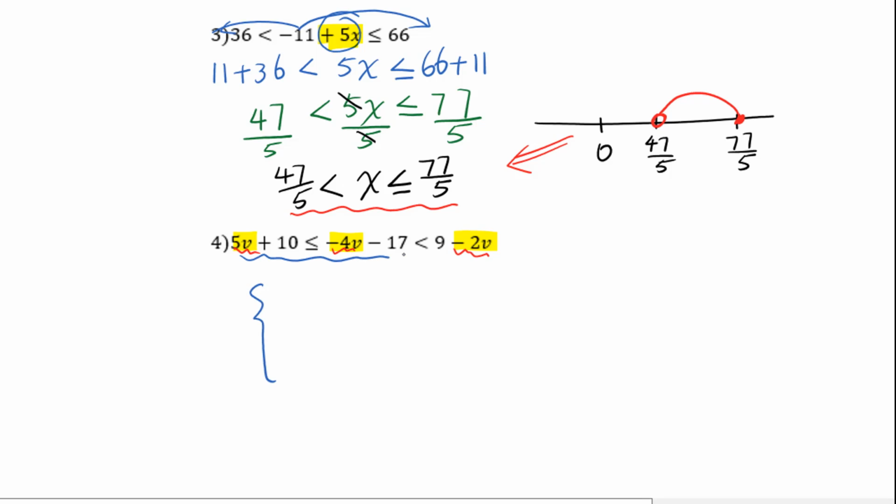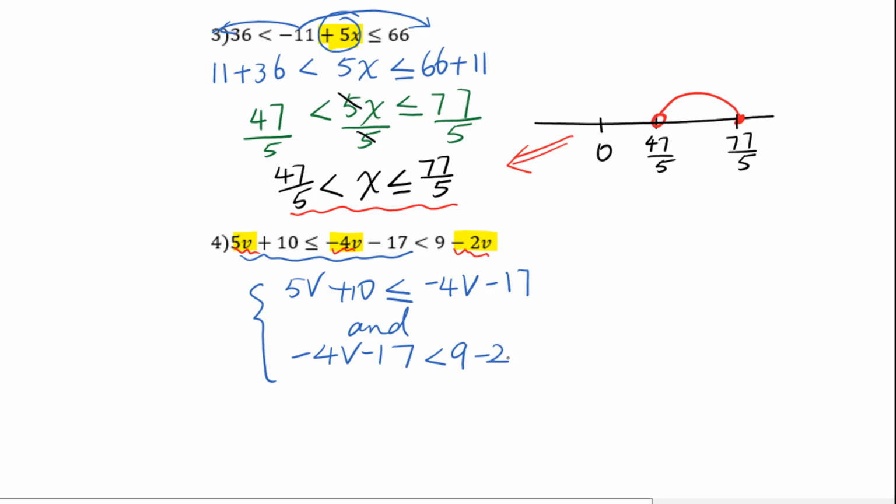We will make this the first inequality: 5v plus 10 less than or equal to negative 4v minus 17. And negative 4v minus 17 less than 9 minus 2v. So we make this another inequality.